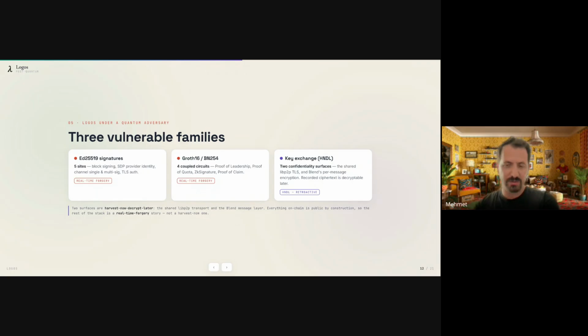But for harvest now, decrypt later attacks, we have to change the Blend protocol to be secure against quantum computers, because we use the Blend protocol for anonymization. After some point, if an attacker can take the ciphertext and break it, they can see which node is the core node and which node is the edge node, and they can follow the whole messaging protocol.